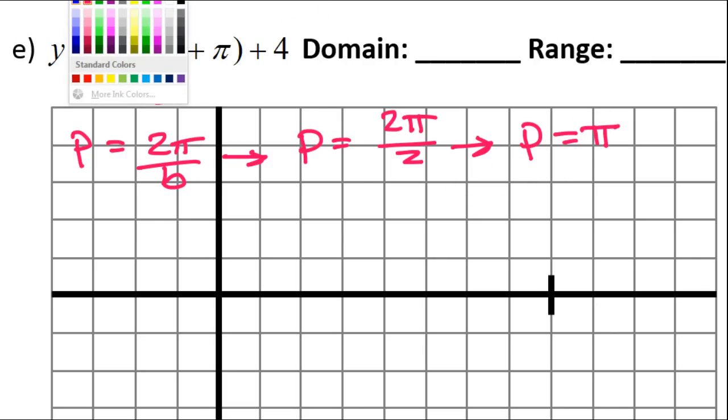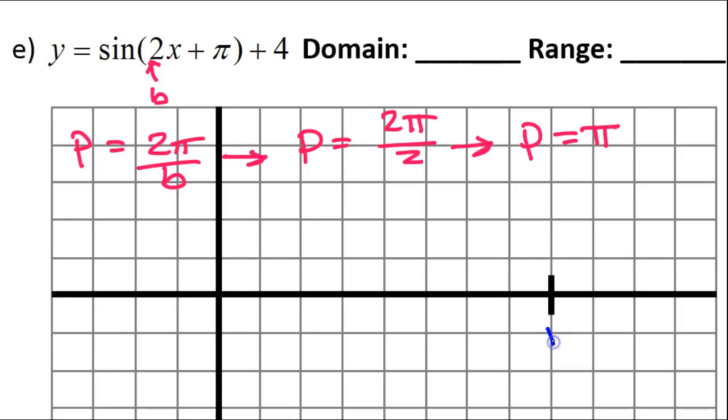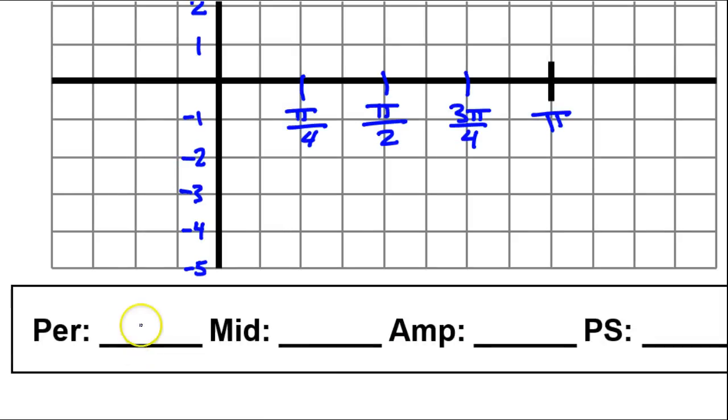That's why I'm going to put pi right here. And then halfway would be pi over 2. Half of that would be pi over 4. And then right here would be 3 of these, so that'll be 3 pi over 4. Alright, so the period is pi.